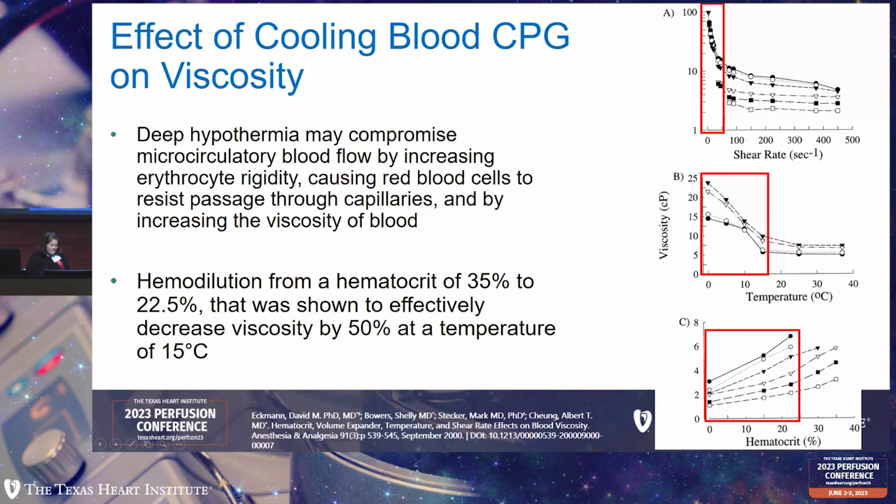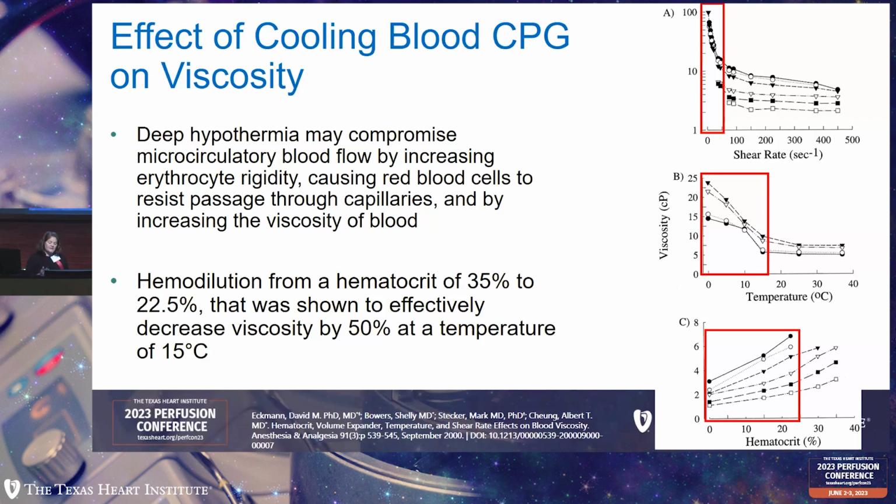The second graph here is the independent effect of temperature on blood viscosity. It demonstrates that the relationship between temperature and blood viscosity is nonlinear. In general, viscosity increases as a function of decreasing temperature. For every 1 degree you decrease temperature, you increase blood viscosity by 2%. And so you get a steep incline in viscosity when you get in ranges between 15 to 0.